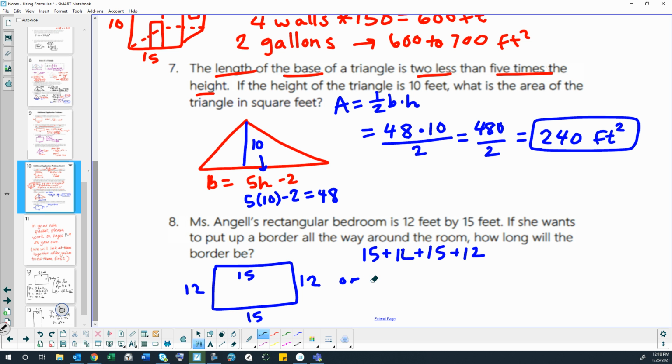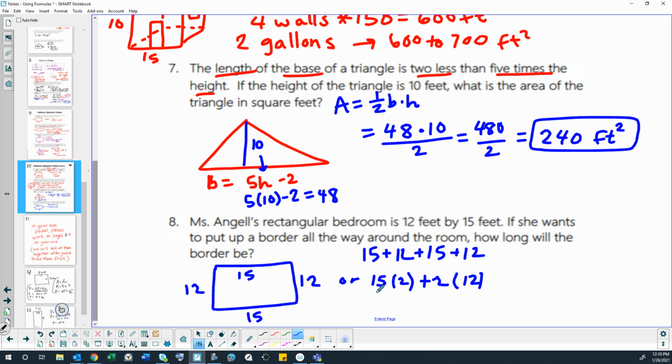All right, so as I was saying, the other way we can write this down, if my computer will cooperate, is to say we have two 15s and two 12s. I did the 2s in opposite orders there. It doesn't really matter. So that would be another way to do the problem. These are two different ways to get the same answer. 15 plus 12 plus 15 plus 12, just add them all out.